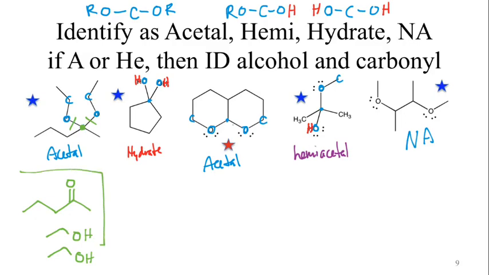An acceptable answer would be just to include one of them. Okay, why? Because in an actual environment and in actual chemistry, we would have tons of that alcohol floating around, which would mean there's more than enough to react with it to push all the way to the acetal. We don't need to specify that there's a second equivalent of it.